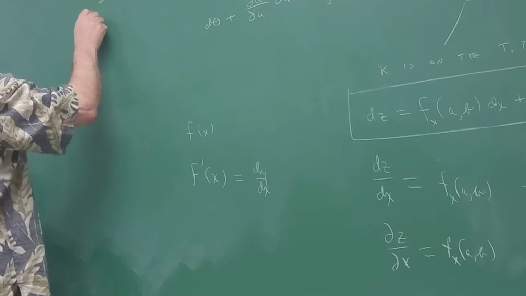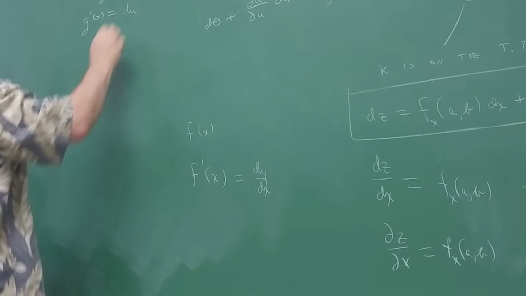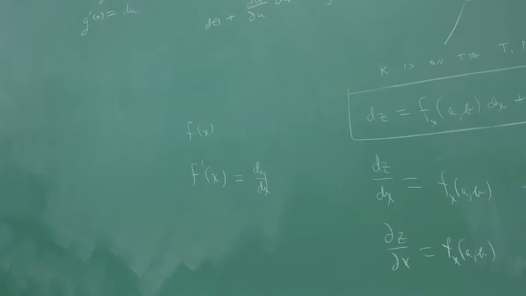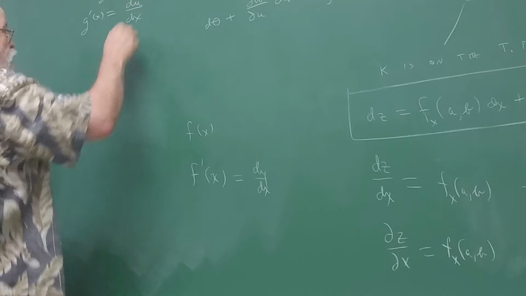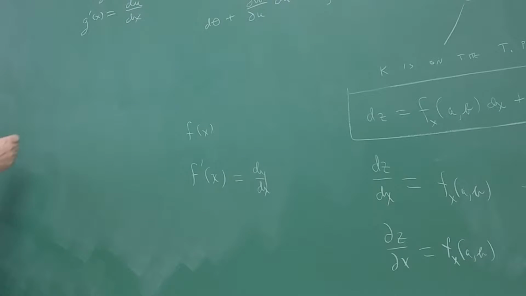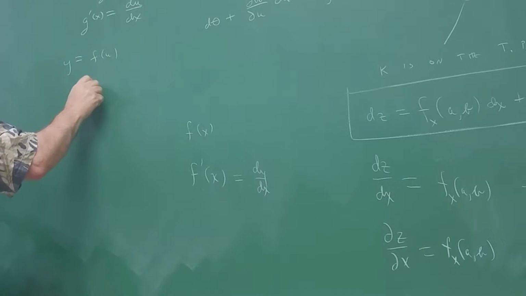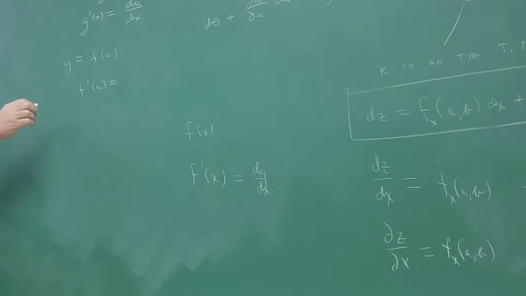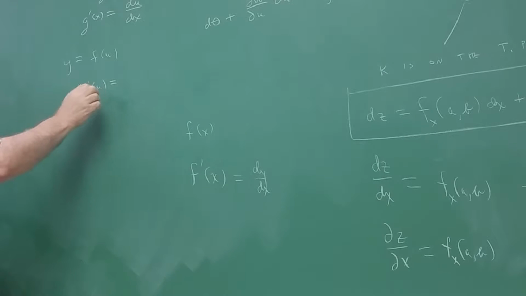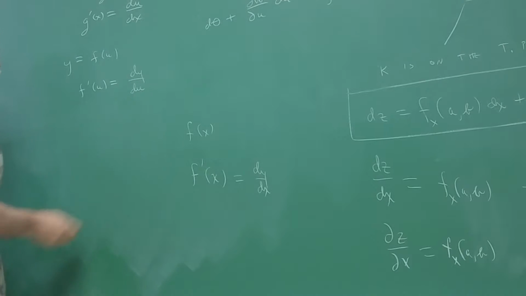So the derivative g prime of x would be called what? du over dx. And we have that y equals f of u. So f prime of u would be dy over du.